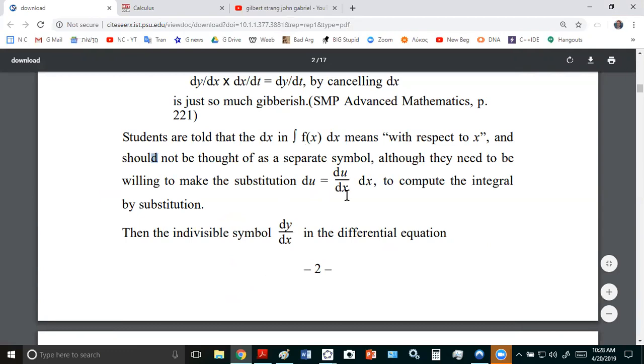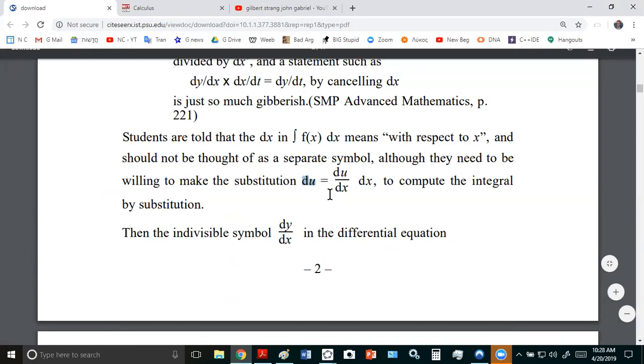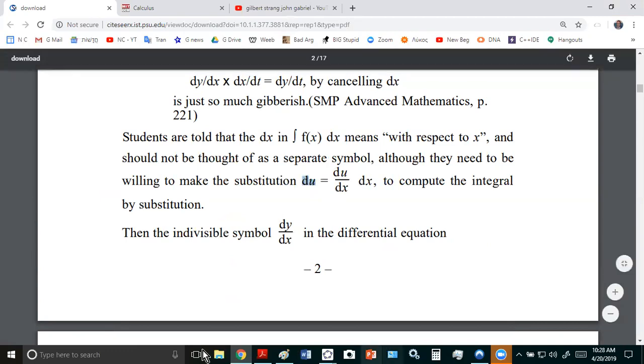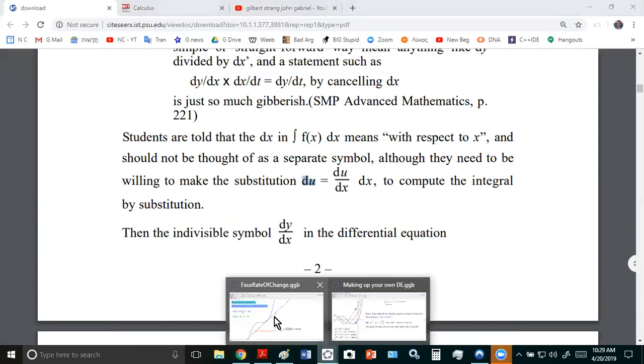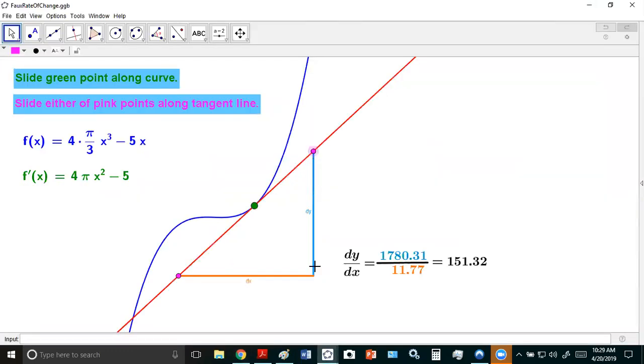And these here are fractions, and du and dx are differentials. What is a differential? It's just a finite difference. If you go back to that applet, this here is just the difference in the y's, okay? That's all it is. In this y coordinate and this y coordinate, it's just the difference, nothing else.